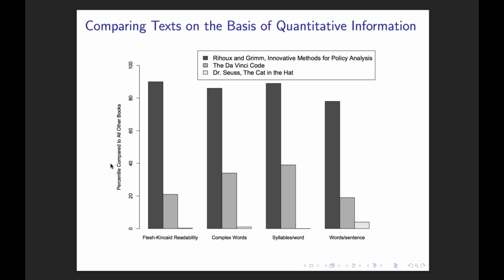If we look at other types of metrics, such as the number of complex words, the number of syllables per word, as well as the number of words per sentence, we see a similar kind of trend. So what we can infer from this analysis is that Dr. Seuss is probably the easiest book to read, with the shortest number of sentences, as well as the least number of complex words, whereas the other two books are a little bit more difficult.